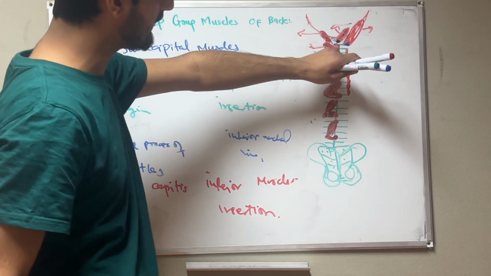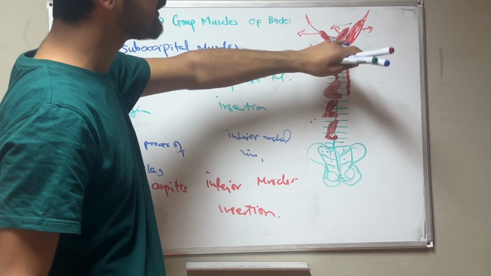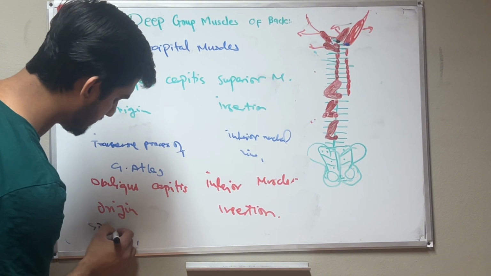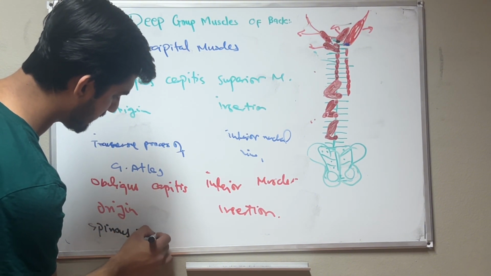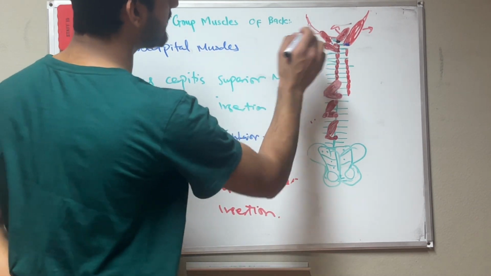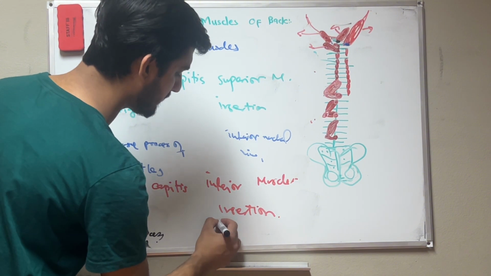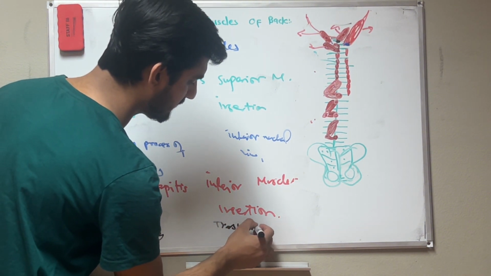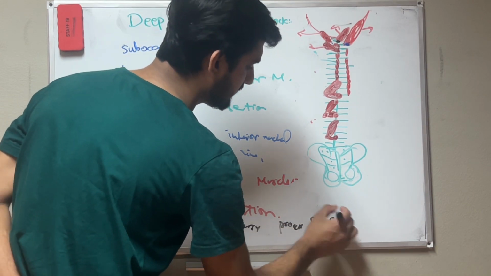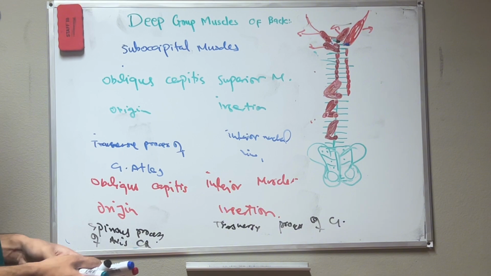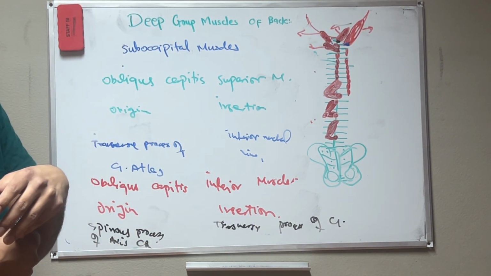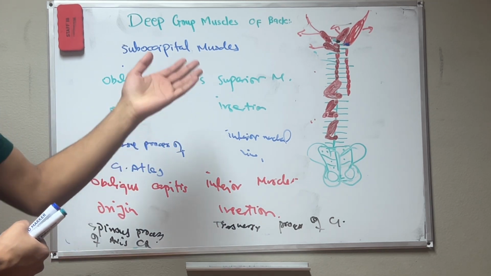This obliquus inferior muscle originated from the spine process of the axis, spine process of the axis, meaning C2 vertebra, and inserted where? In the transverse process of C1, meaning atlas. These are the origination and insertion of the suboccipital muscles, the third layer muscles of the deep back muscles, okay.